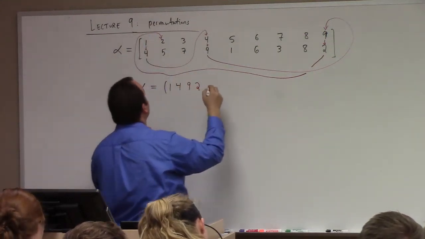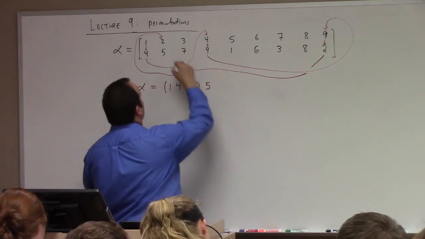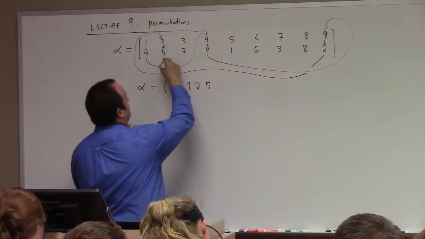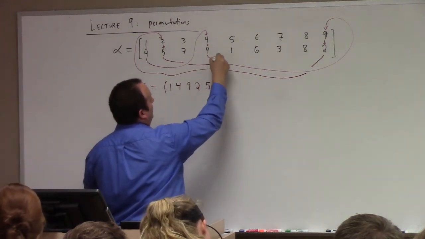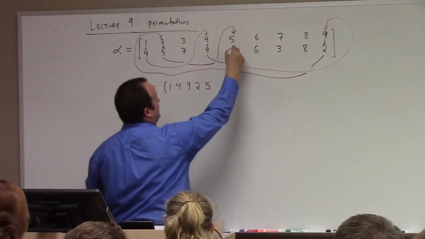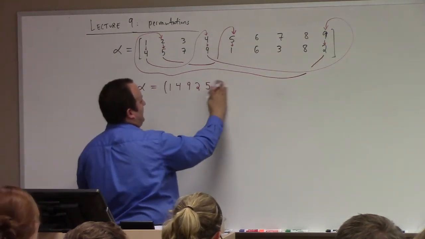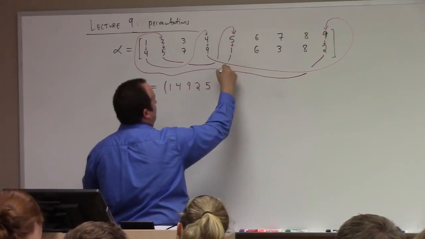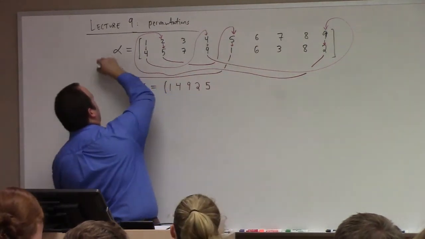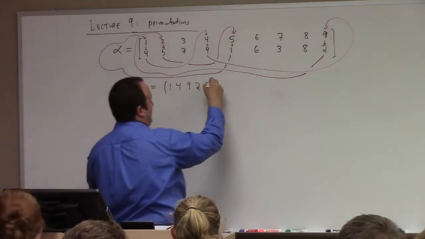Sorry about this picture. 2 goes to 5. Then 5 goes to, oh, but 1's over there. I don't have to write that again. Obviously these pictures are kind of useless, I don't recommend these sorts of pictures. 5 goes back to 1.